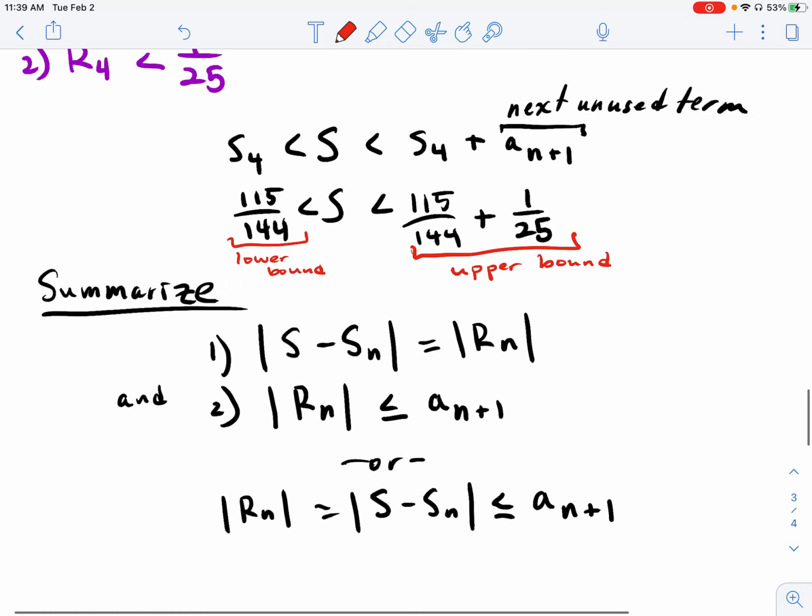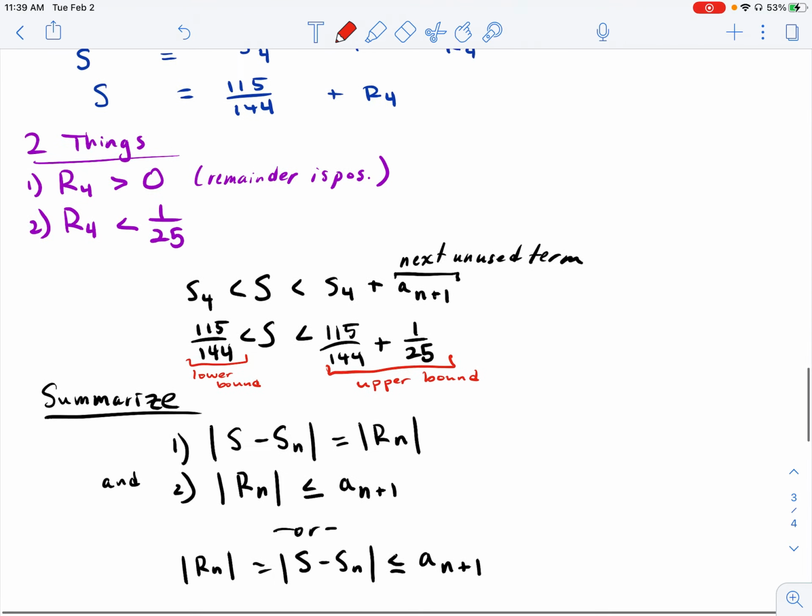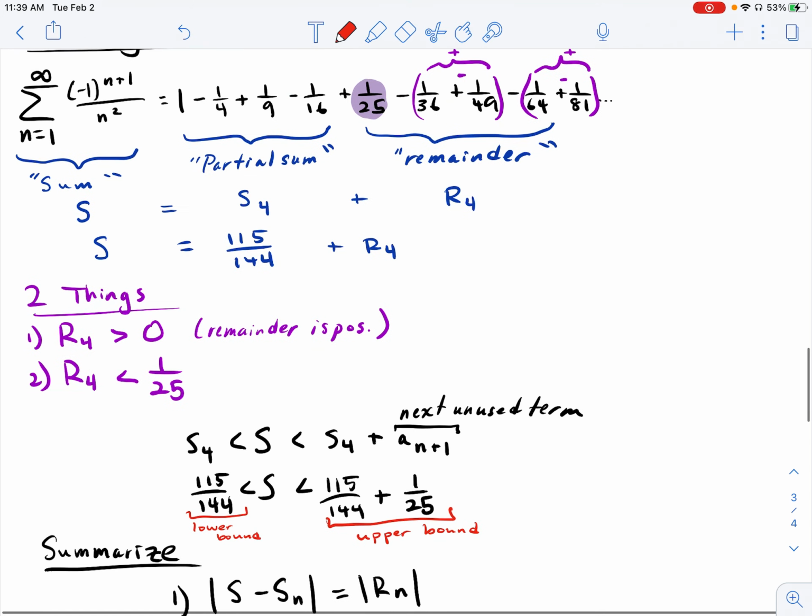To put this really simply into words, what we're effectively saying is the following. For an alternating series, I can approximate the series' sum by looking at some partial sum. Obviously, the more terms that we have, the better our approximation is going to be. Our error is simply our remainder.